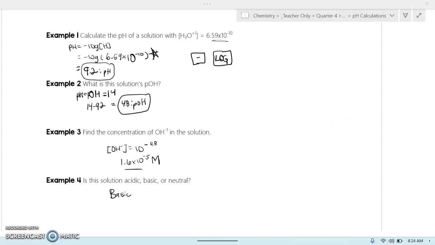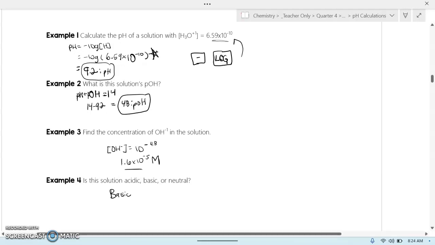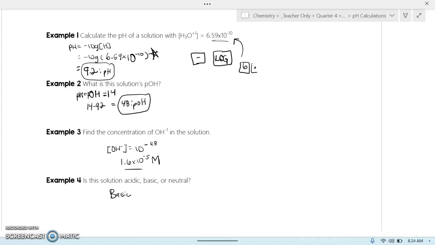Then it will automatically pop in a parenthesis on your screen. So you're going to put in your numbers now. You'll type in 6.59, and then because we have this times 10, you'll do the EE.